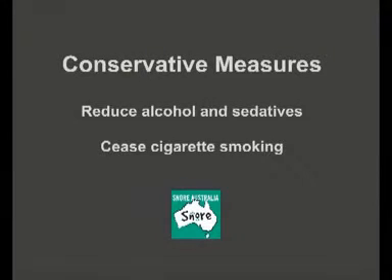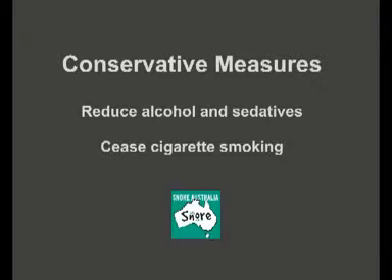There are a number of conservative treatment options, but one of the simplest is to learn to sleep exclusively on the side. On this slide you'll see that I've listed a number of other conservative measures. An important one for heavy drinkers is to reduce the amount of alcohol. Others may need to reduce the consumption of sedatives at night.